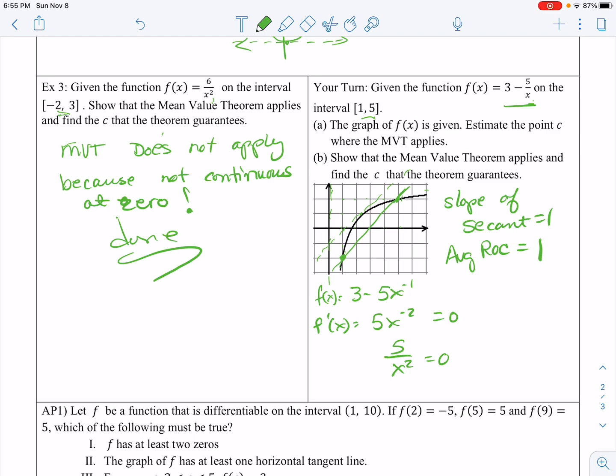Oh, it's not supposed to be equal to 0. It's supposed to be equal to 1. There's your mistake, silly. Silly goose. So this should be 1. So x squared equals 5. So x equals positive root 5 because negative root 5 is not in my interval. There you go. Neat. Square root of 5 is 2 point something. So yeah, we're pretty good.